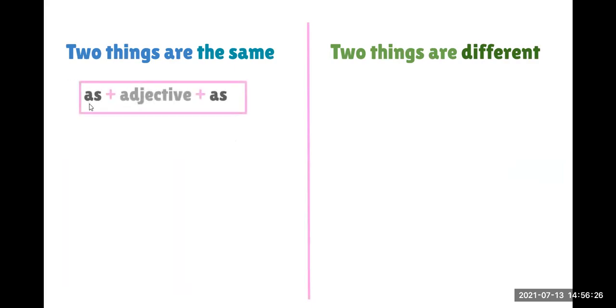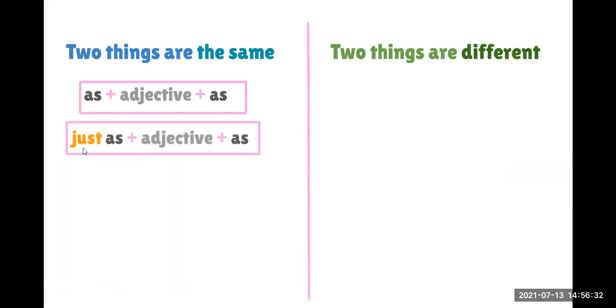It says two things are the same. When we want to say that two things are the same, we can use as, an adjective, and as. Or we can say just as, an adjective, and as.